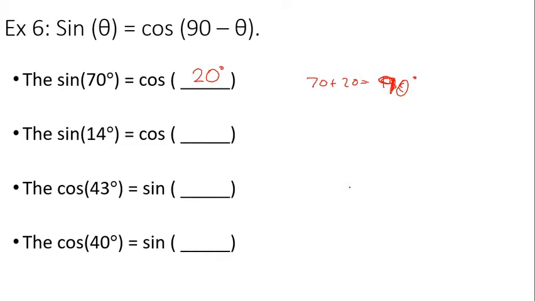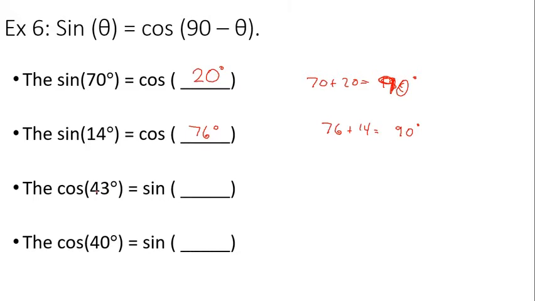Okay, the next one, 14, and here we put 76. So sine of 14 is equal to cosine of 76, because 76 plus 14 equals 90 degrees.